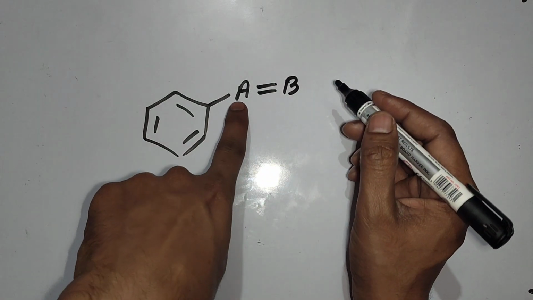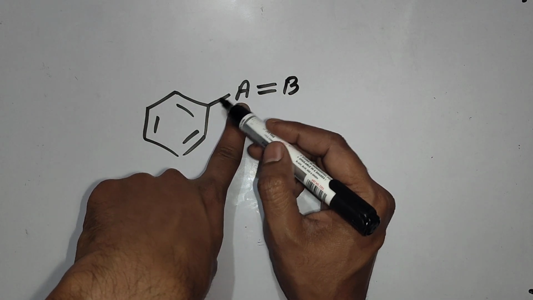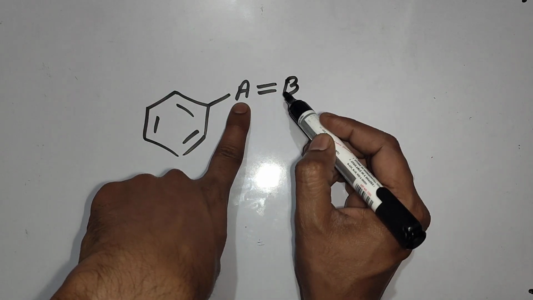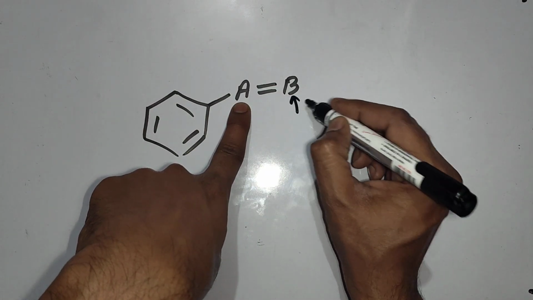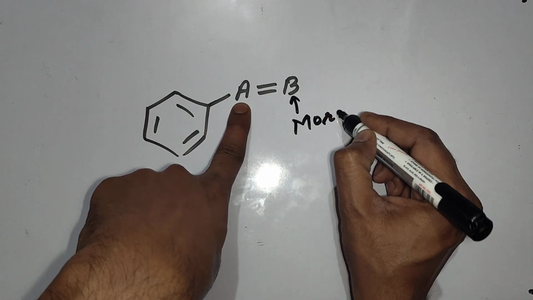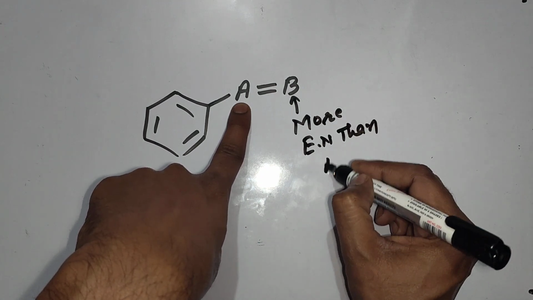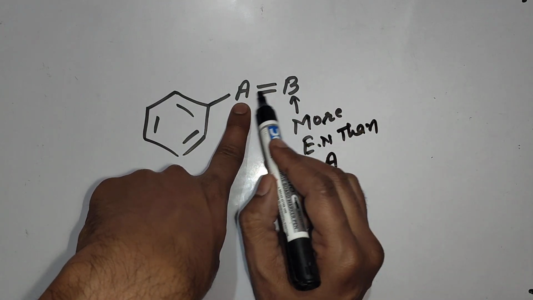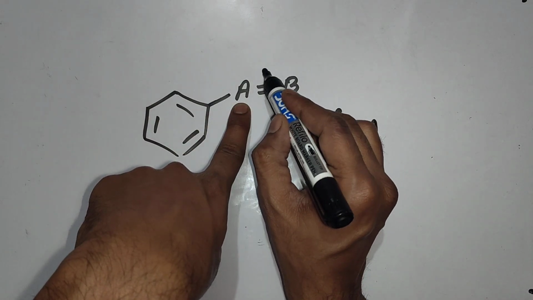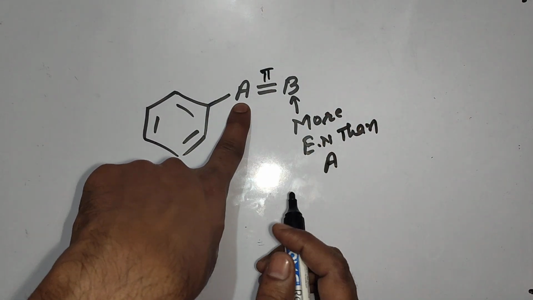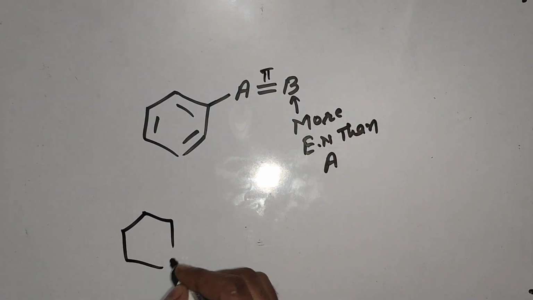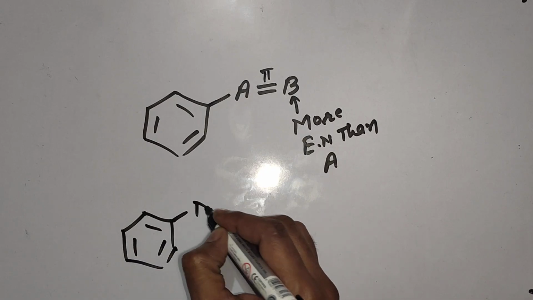We should check this atom. The atom A which is directly connected with the benzene ring should be connected with another atom B, and this atom should be more electronegative than A. And between A and B, pi electrons must be there. For example, I have used the nitro group.